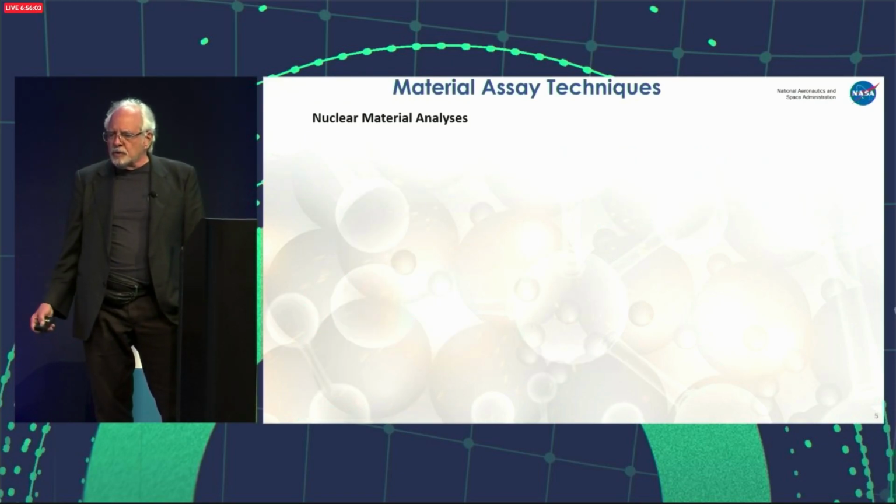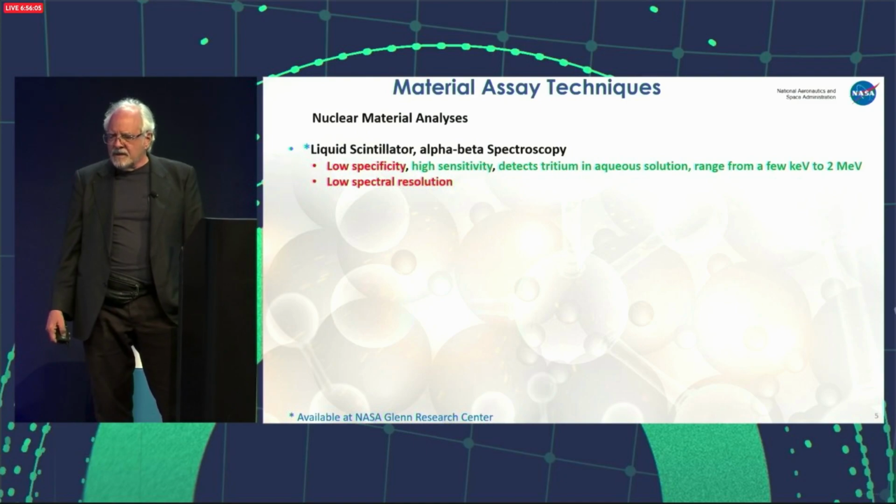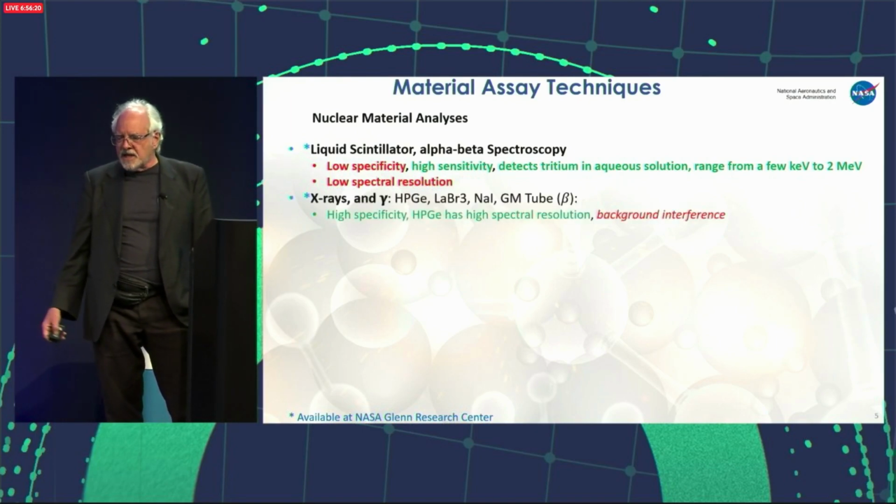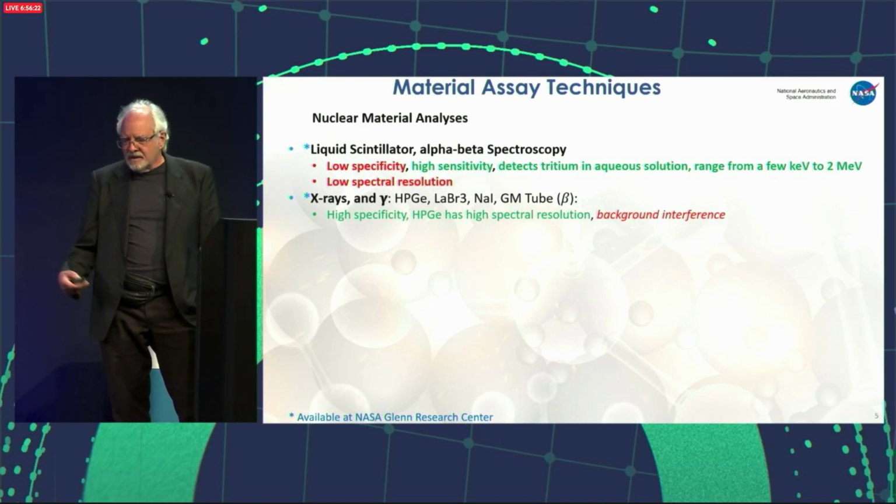So some of the nuclear material analyses that we've done: liquid scintillator alpha-beta spectroscopy, low specificity but high sensitivity, very good way to detect tritium in an aqueous solution, low spectral resolution. X-rays and gamma rays, the gold standard being high purity germanium, lanthanum bromide then, sodium iodide, and finally gamma tubes, which will also detect betas.